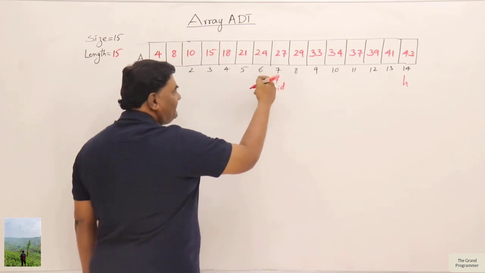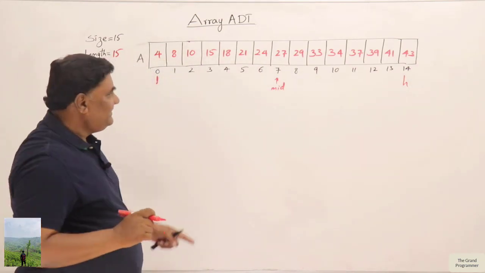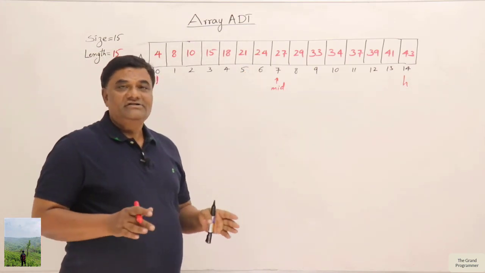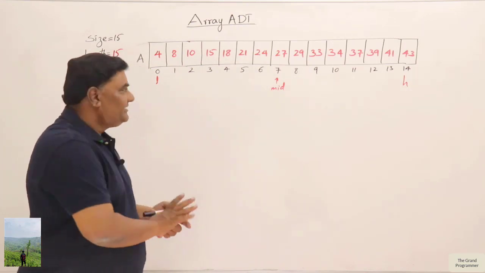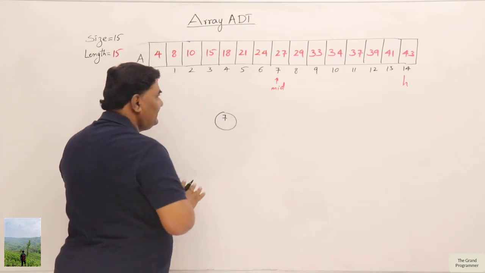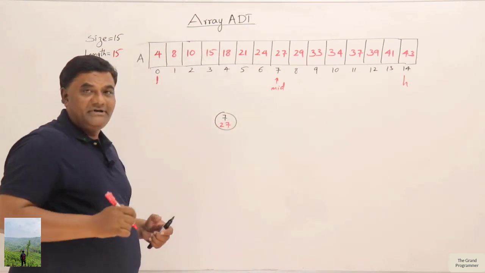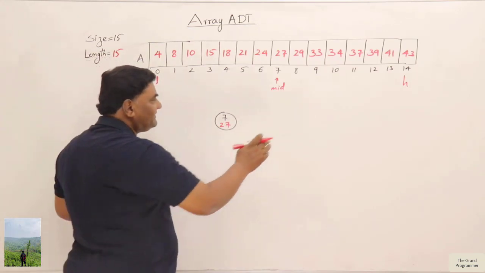So always we were getting mid at 7. So if suppose we are searching for a key 27, then in first comparison only our search should terminate, that key is found. So it means that the key value 27 at index 7 can be found in just one single comparison.